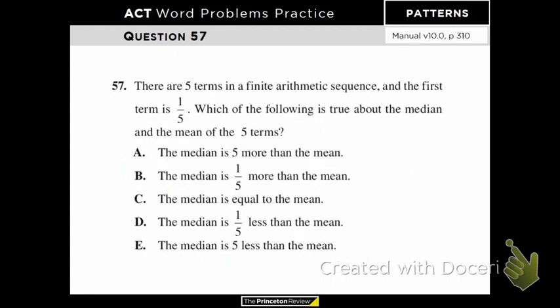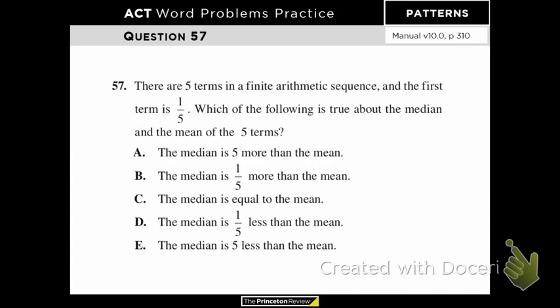And last one here. There are 5 terms in a finite arithmetic sequence, and the first term is 1/5. Which of the following is true about the median and the mean of the 5 terms? So, let's see here. Just in case you didn't remember, the mean is the average of those 5 terms, and the median is the middle number of the 5 terms.